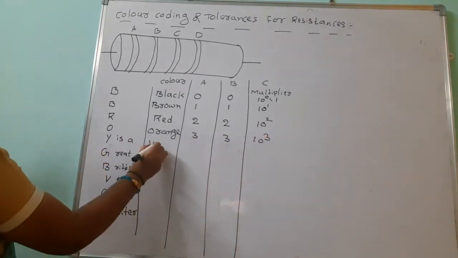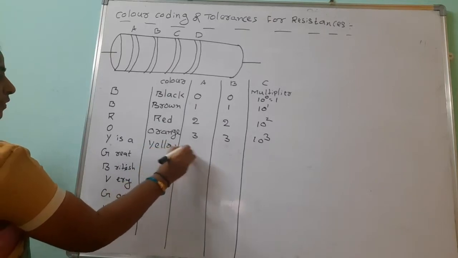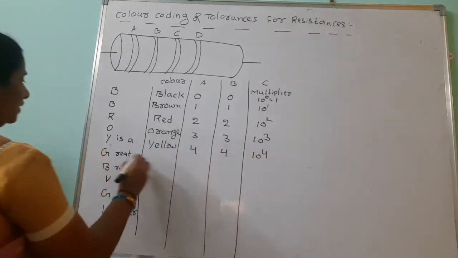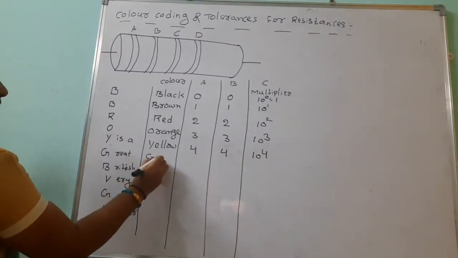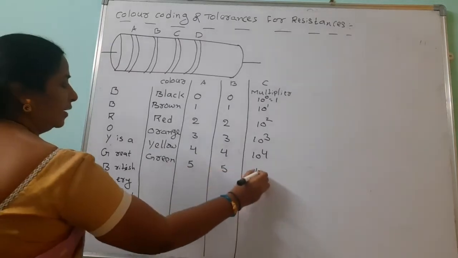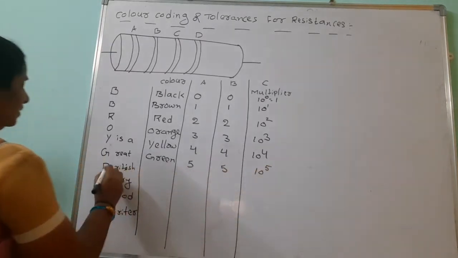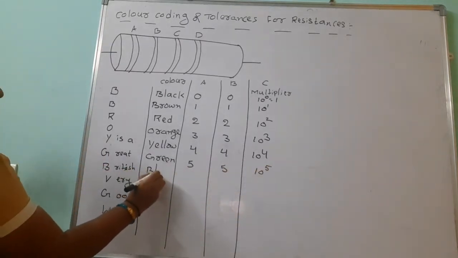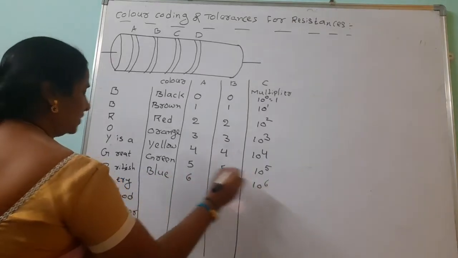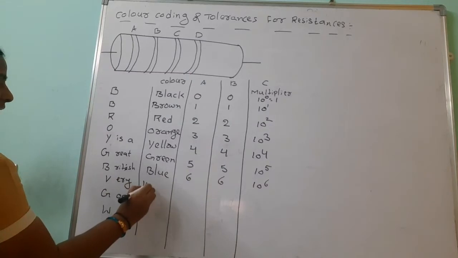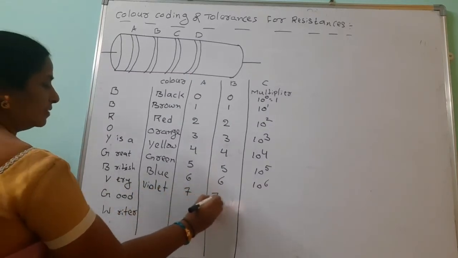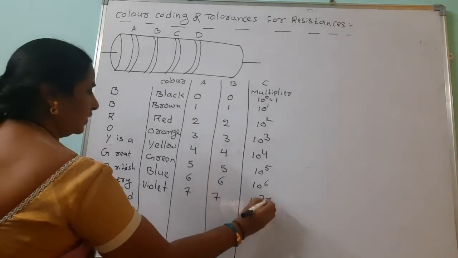Then yellow is 4, 10 power 4. Then green is 5, 10 power 5. This is blue, 6, 10 to the power of 6. This is violet, 7, 10 to the power of 7.